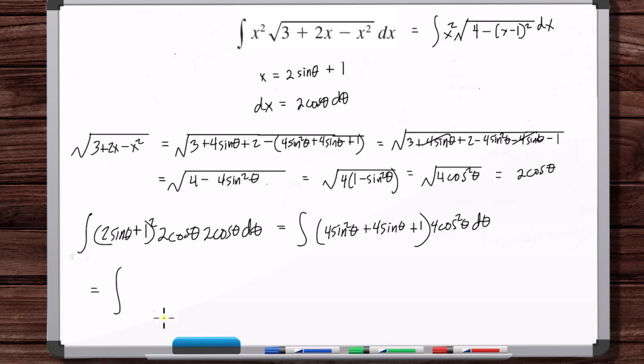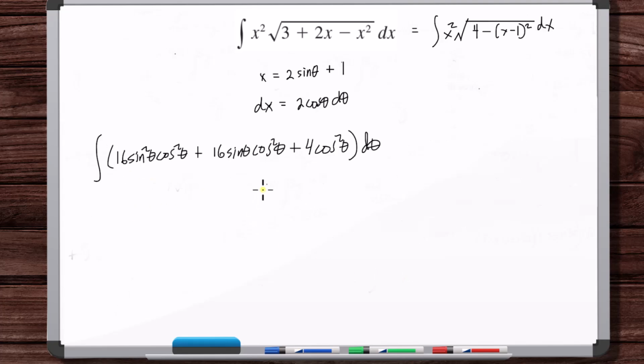All right, so we've got 16 sine squared theta cosine squared theta plus 16 sine theta cosine squared theta plus 4 cosine squared theta d theta. Okay, so let's solve each of these separately.